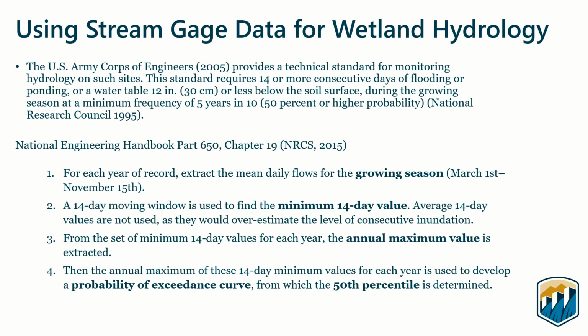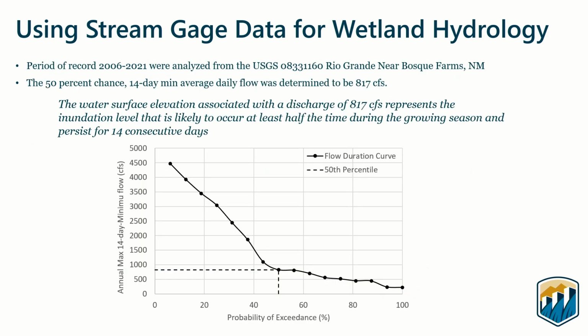So what is the maximum value of the 14-day minimum? It's a little confusing, but fairly straightforward once you get it in a spreadsheet. And then of those annual maximum 14-day minimum values, you do a probability analysis to see where the 50th percentile is. So it's a pretty basic, straightforward spreadsheet type of analysis.